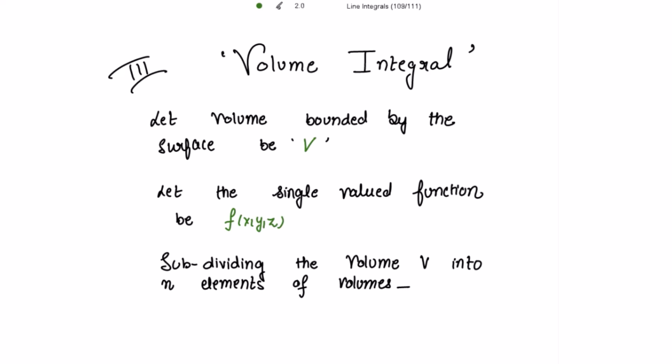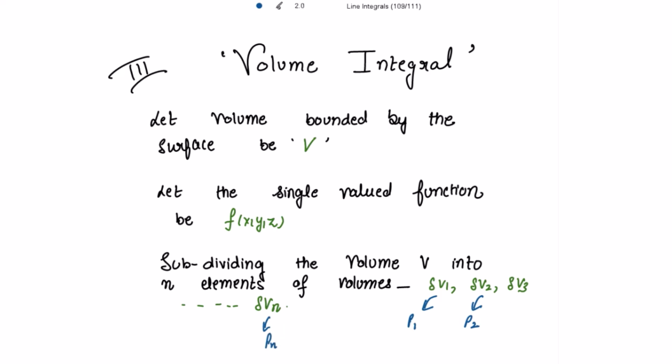Let's subdivide the volume V into n elements of volumes delta V1, delta V2, delta V3 up to delta Vn, right? Okay. Let's take any arbitrary point P1 in the volume delta V1. Similarly, taking the point P2 in the volume delta V2 and any arbitrary point Pn in the volume delta Vn, right?